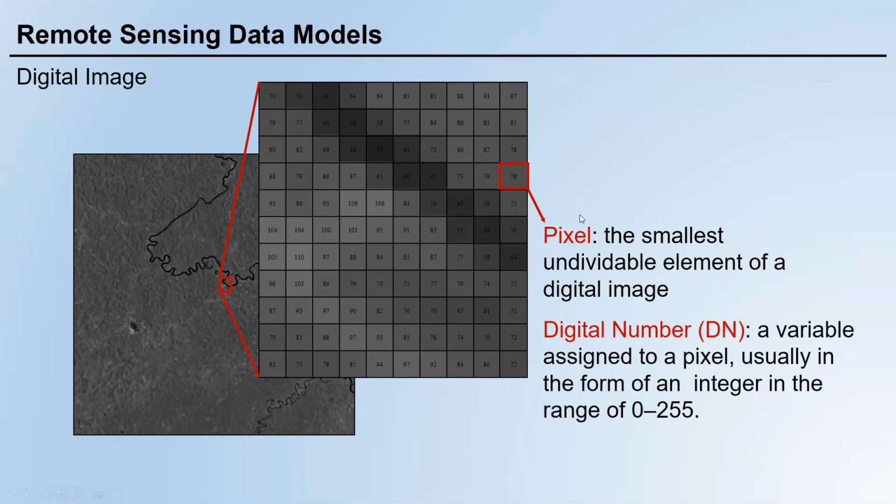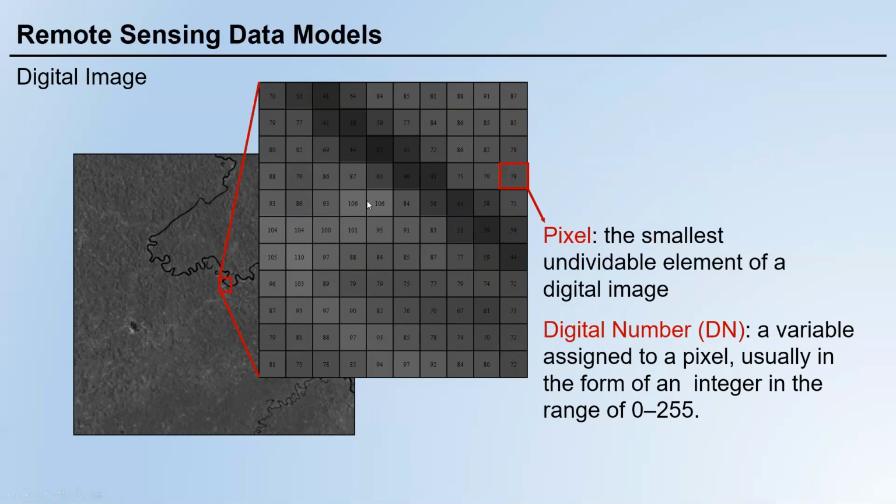Okay, and there is always a DN, digital number, assigned to each pixel. And DN is a variable assigned to a pixel, usually in the form of an integer in the range of 0 to 255. So we have a lot of pixels here. Some of them are dark, some of them are bright.